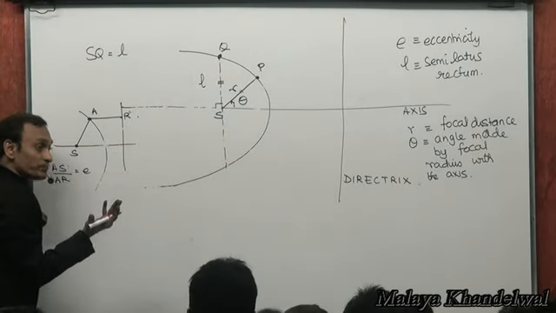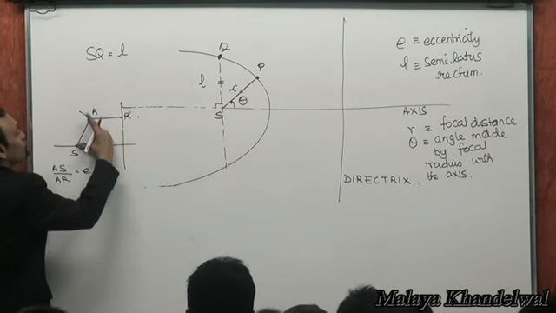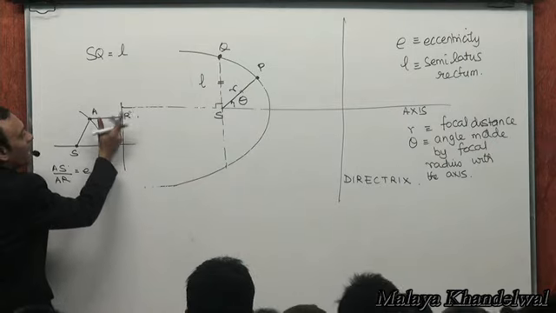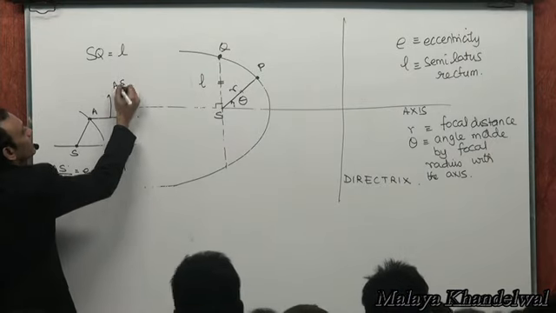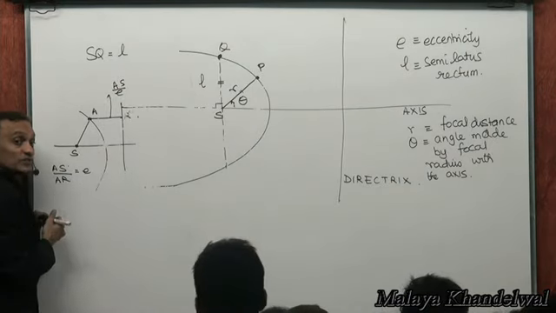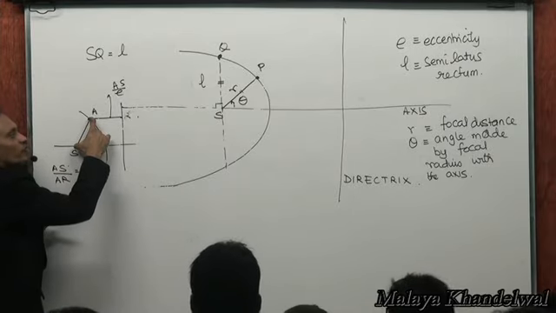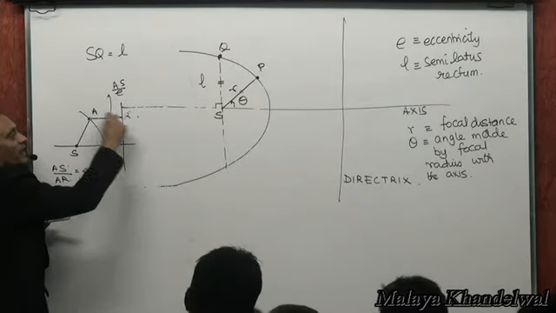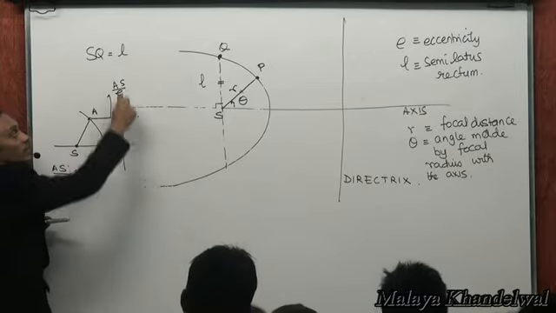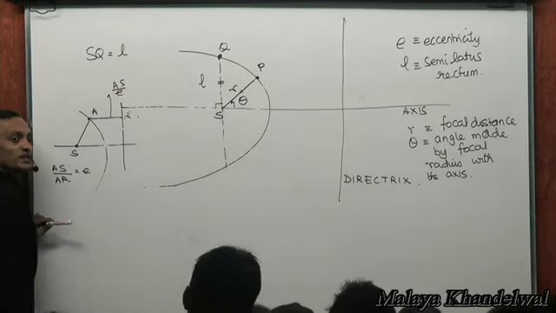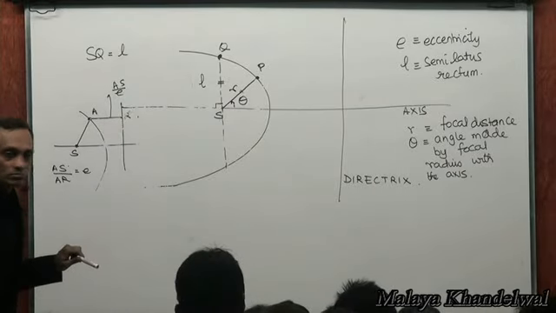That's how it's defined. That means AR would be AS by E. The distance from the directrix would be the distance from the focus divided by E. Yes or no? Yes, sir.